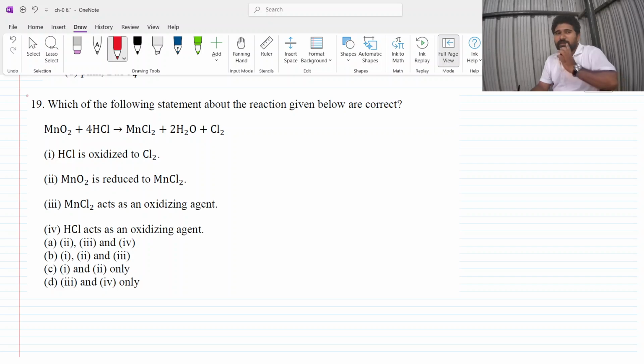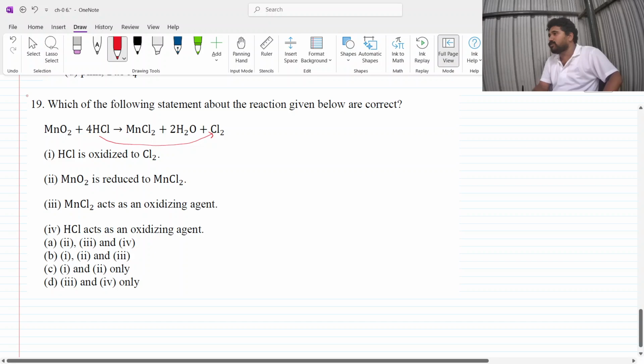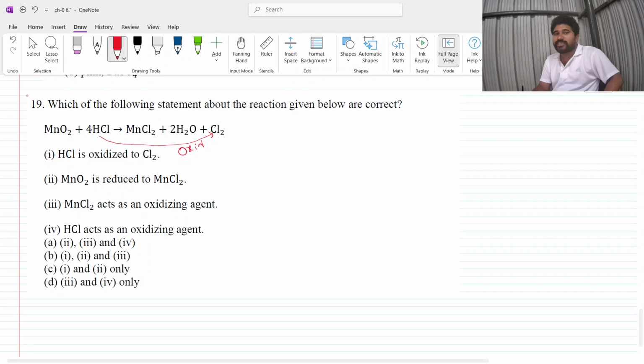Yes, fine. HCl: first of all, recognize which is oxidized and which is reduced. HCl lost its hydrogen and becomes Cl2. Loss of hydrogen is oxidation. So better write HCl becoming Cl2. What type of reaction?